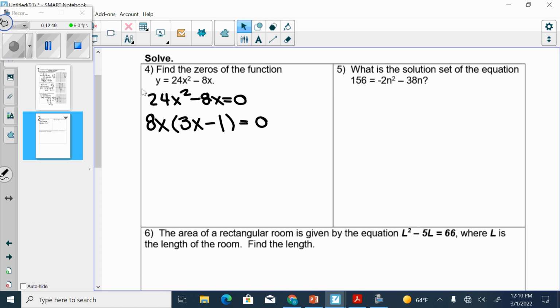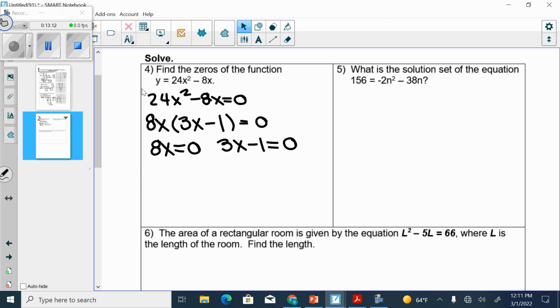So do I have any more squares? Any x squareds left? No, so I'm done with the factoring. So now I'm just going to take my pieces and set them equal to 0. So I'll have 8x equals 0 and 3x minus 1 equals 0.